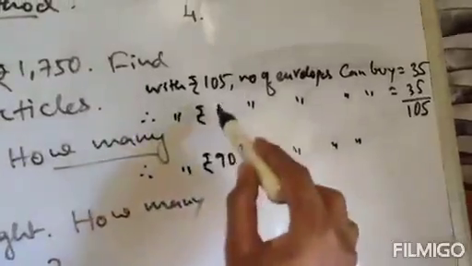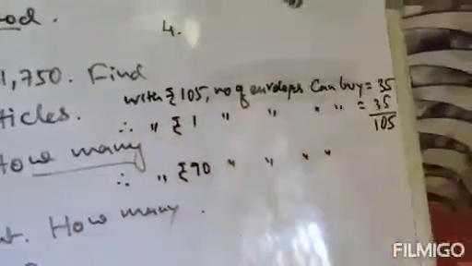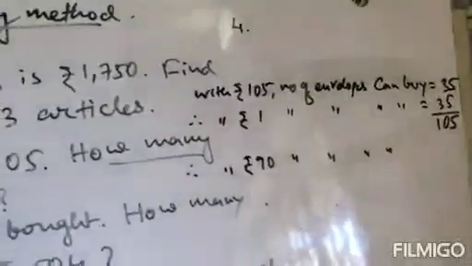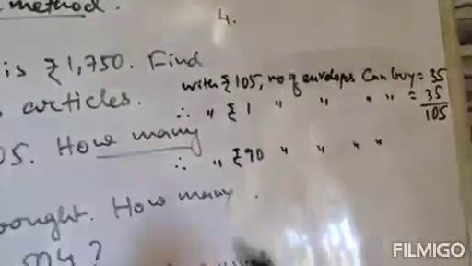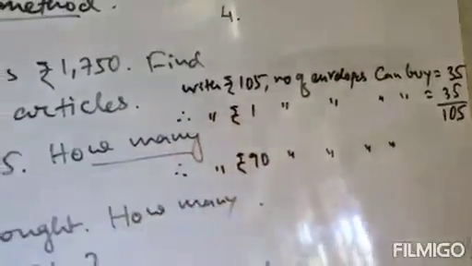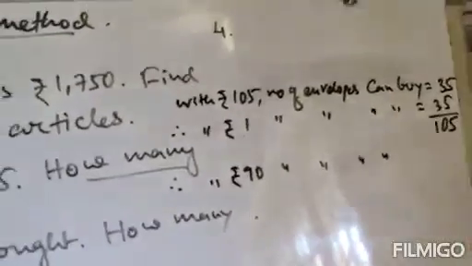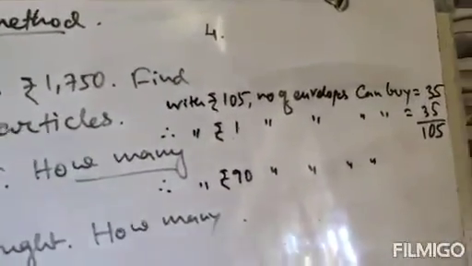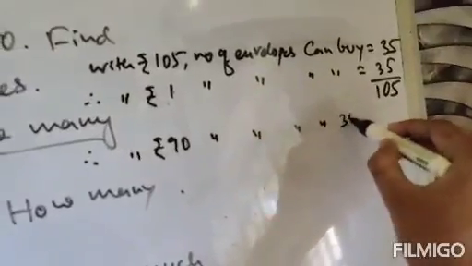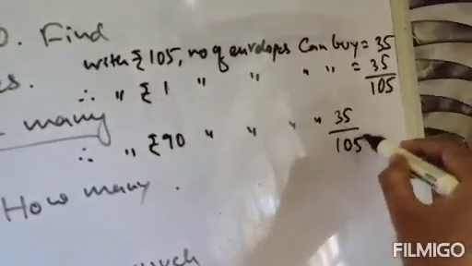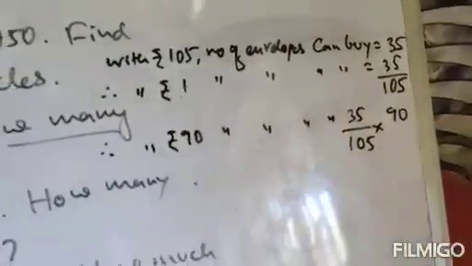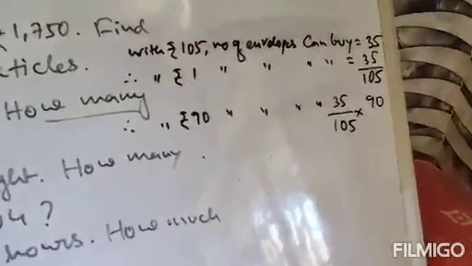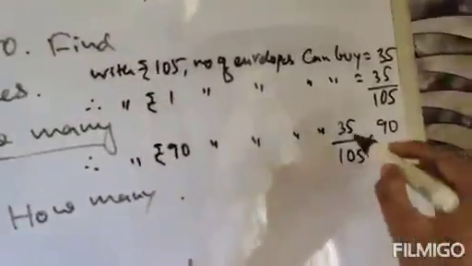So with rupees 90 you can buy more envelopes, therefore it will be multiplied. More means multiplied. That means 35 by 105 into 90. Clear? Now reduce.